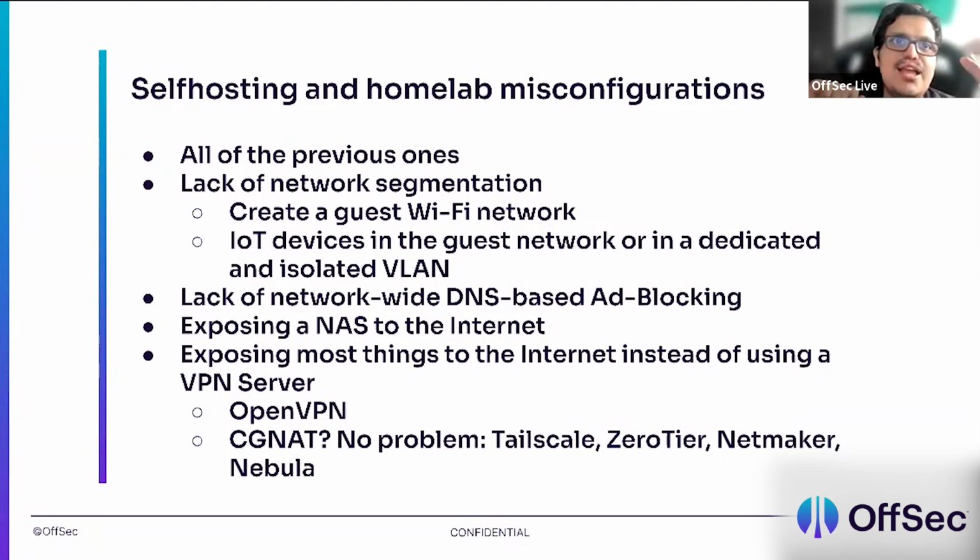You can use, basically, these services I listed there, called overlay networks, that provide a VPN by using intermediate nodes. Of course, they support zero trust, so everything's encrypted along the way.